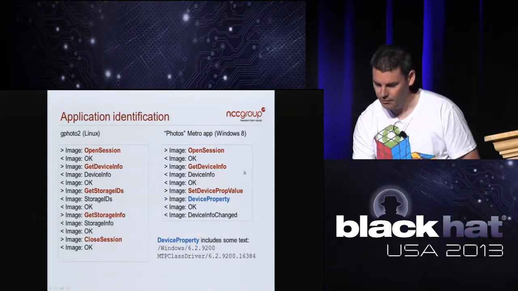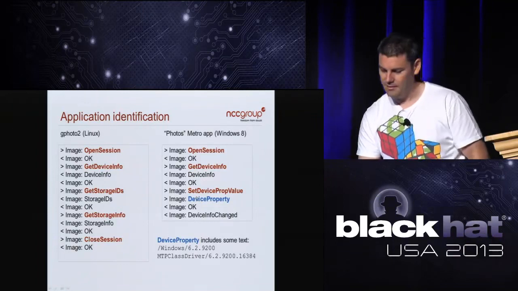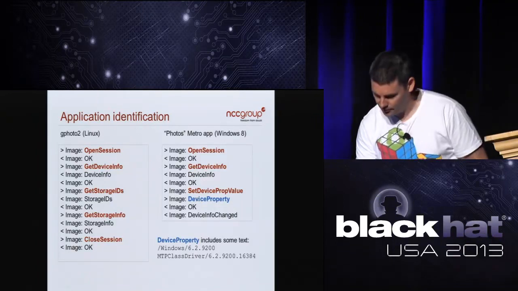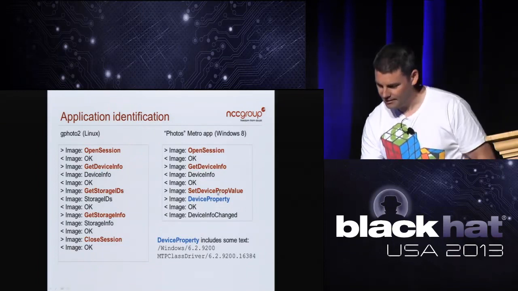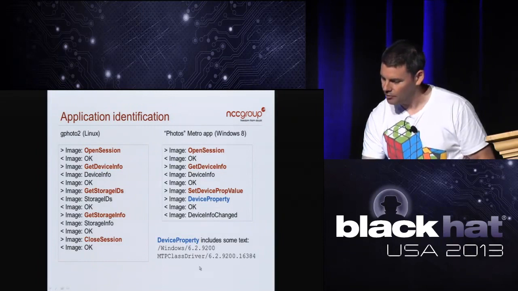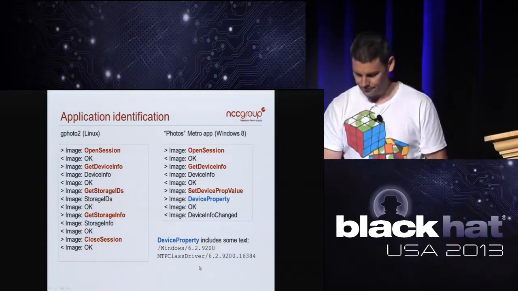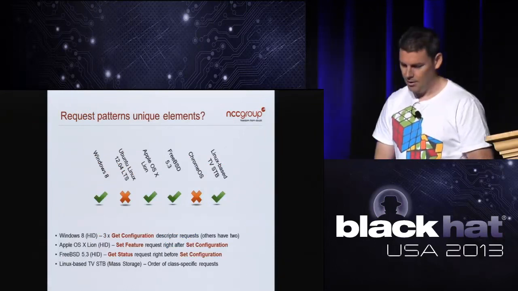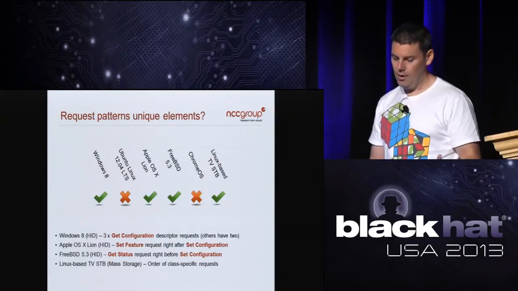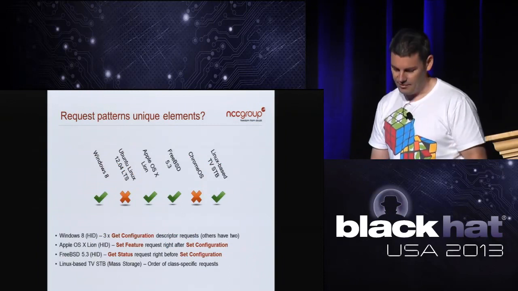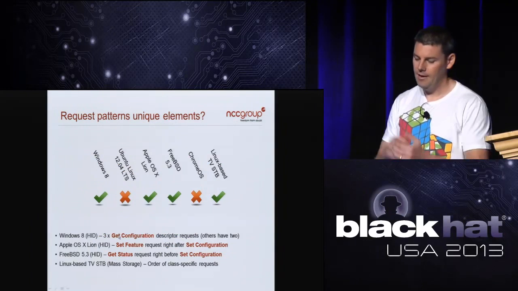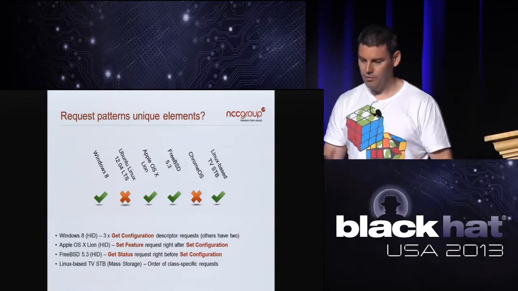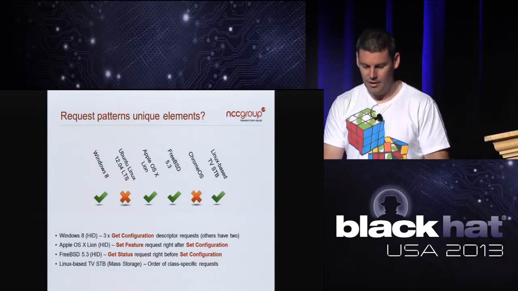Initially, it asks for the device info in the same way, but then it decides to set a property value on one of the thumbnails, and within the property that it wants to set, it actually specifies exact details about the class driver that's installed within Windows 8. So having a look through the different platforms that I was testing, you can see that there are unique elements in the way that the different host stacks responded and communicated during either enumeration or within class-specific information.